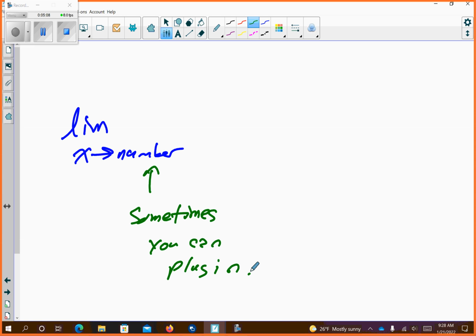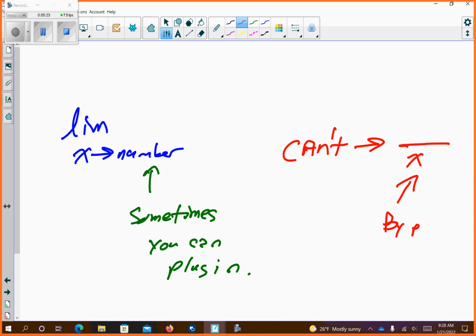The times that you can't plug in the number is if you have a denominator with the variable down there, and by plugging in, you get 0 in the bottom. If that does happen, there are some tricks you can do. You can see if you can factor it and cancel out binomials, or reduce the fraction somehow.